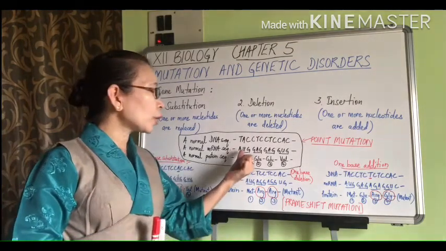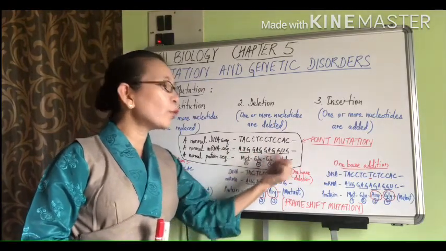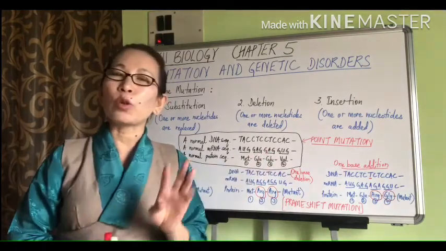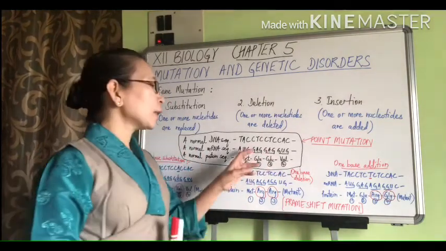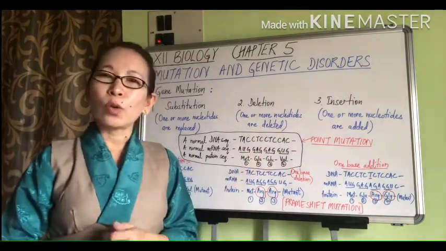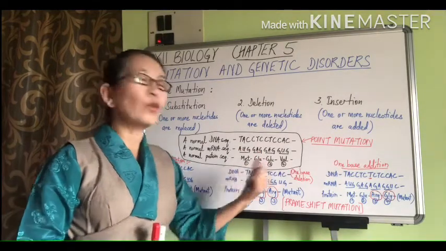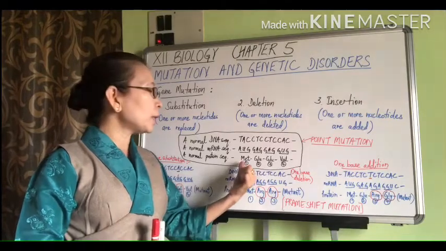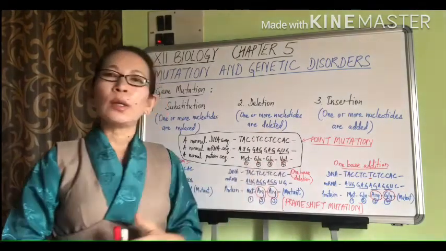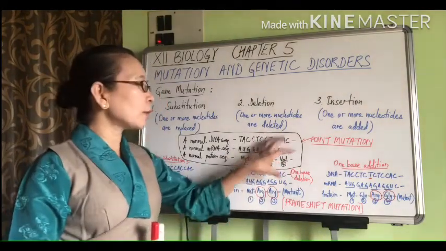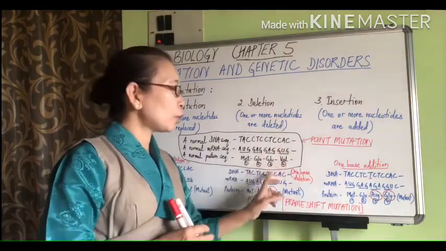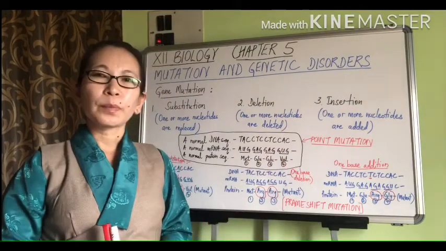And here you can see 1, 2, 3, 4 triplets. So this mRNA has 4 triplets or 4 codons. And such 4 codons are going to code for 4 amino acids. And the amino acids of the protein are MET, GLU, GLU, and VAL. So let's assume that this is a hypothetical normal DNA or a gene producing a normal protein.